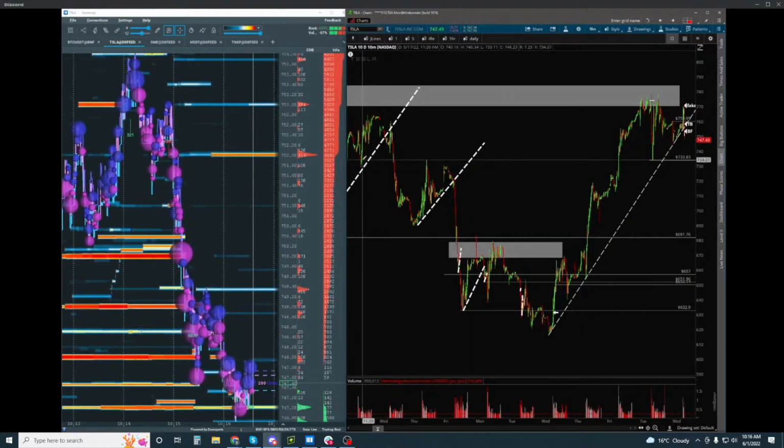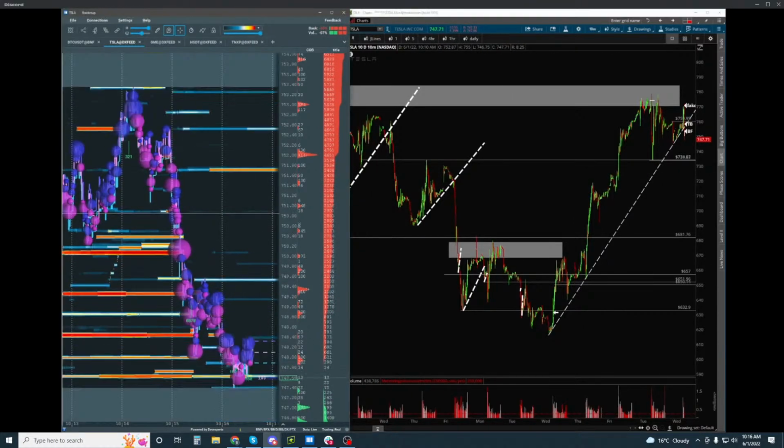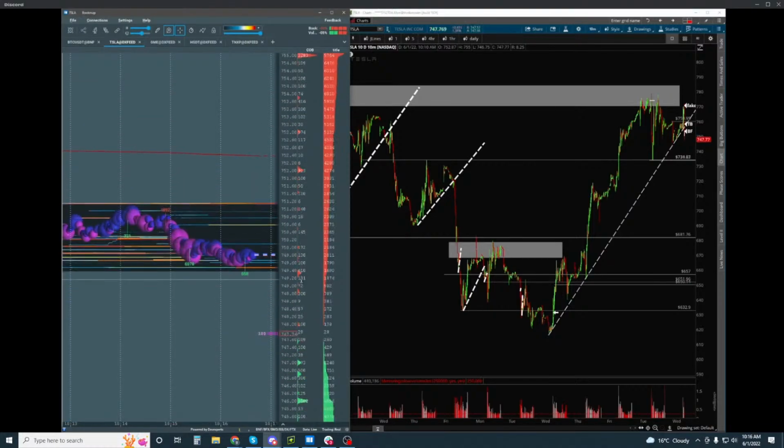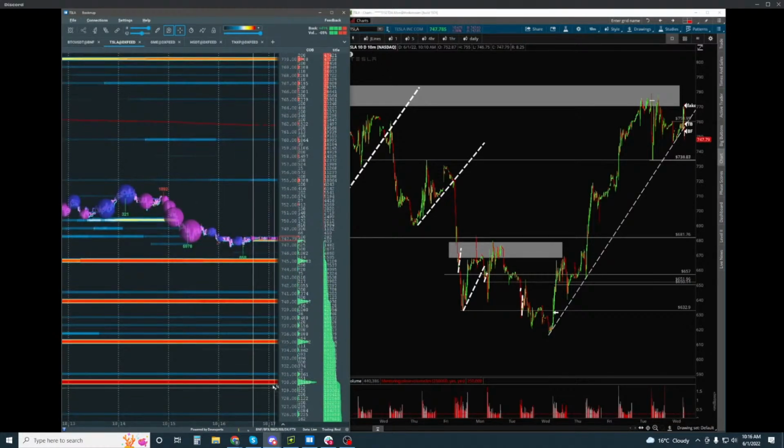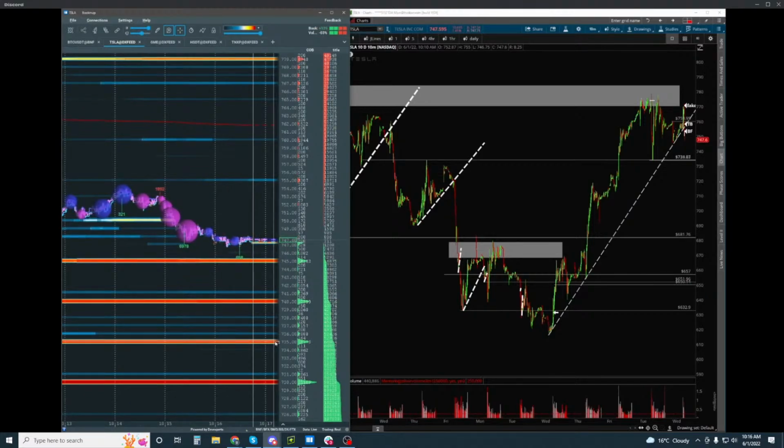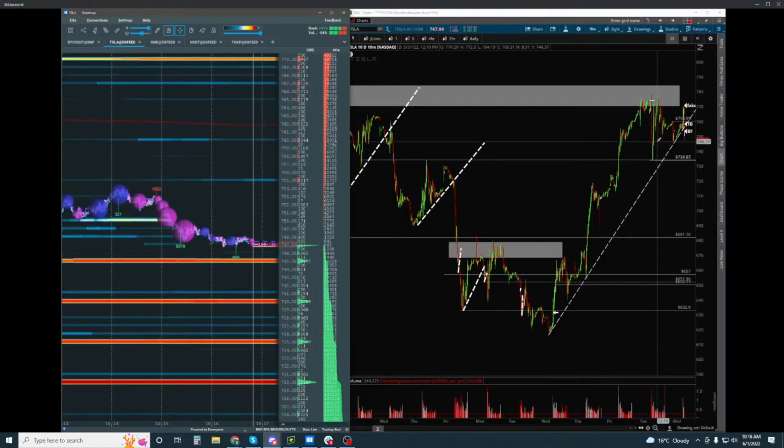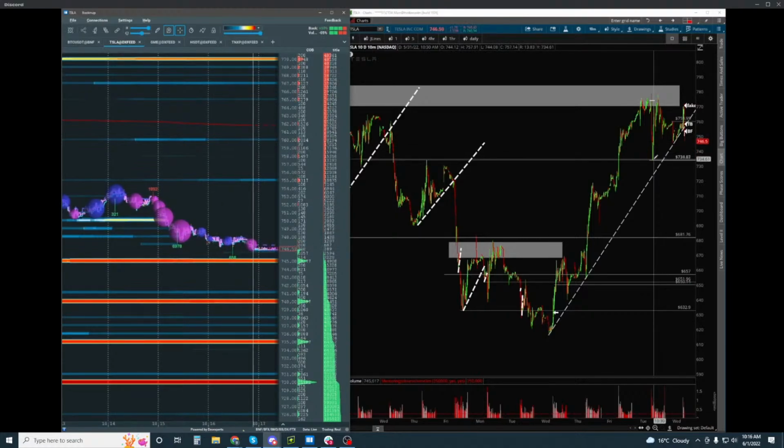Now what I'm going to do, I'm going to double check if this area is also on Bookmap. And we have a main support 730, 735. So I know that between 730, 735, I can have over here a bounce. If we clear this 746 right now, straight down to this area. That is my goal.